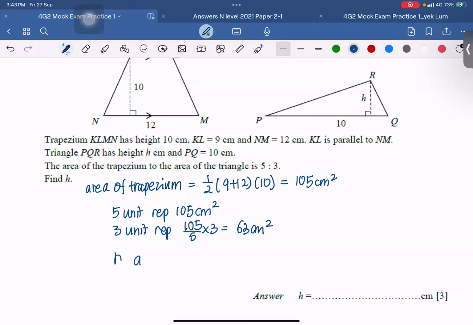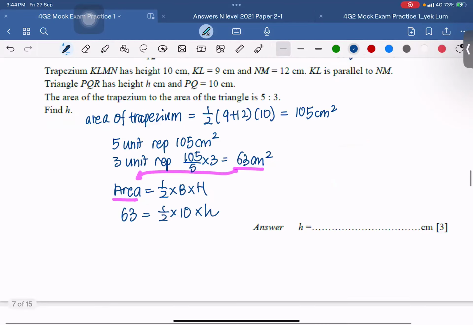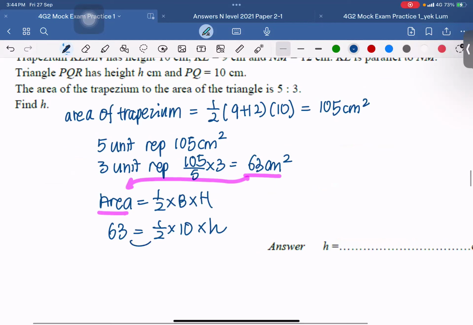Area is half times the base times the height. The area now is the number 63, I plug that in. Half times base is the number 10 and the height is h. Then we work backwards. So 63 times 2 divided by 10, you get your answer.